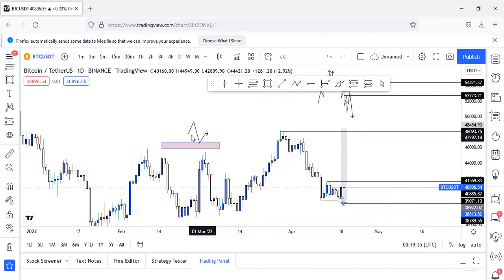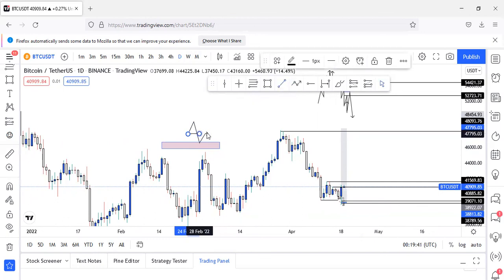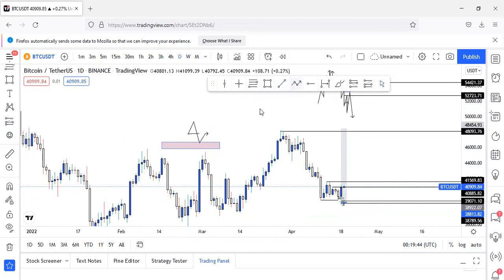Then this one will be our SSL right here. By wick, it will be broken by wick, right? Then on your lower time frame, you'll be looking out for something like this: a break of structure, a return, then you enter. That's how you go for the big wins.